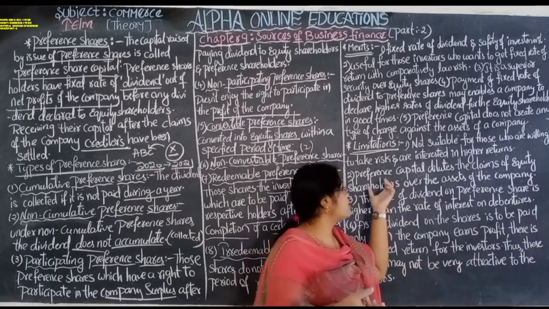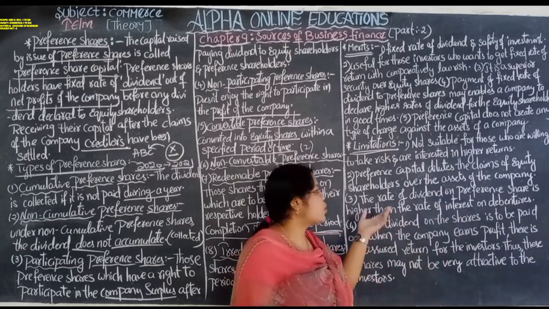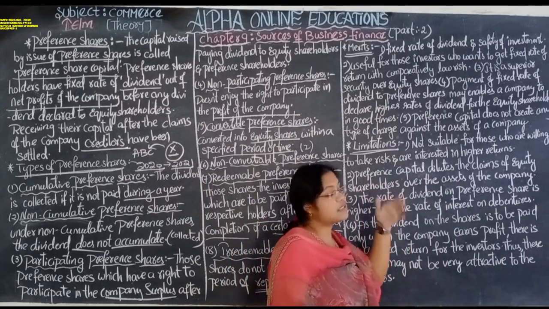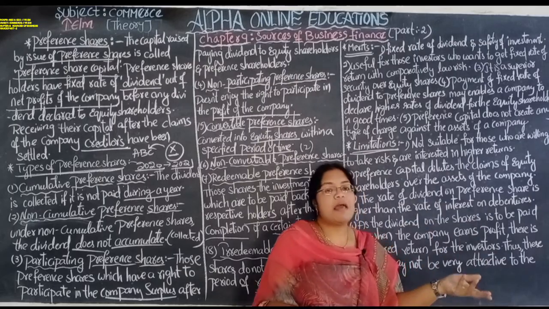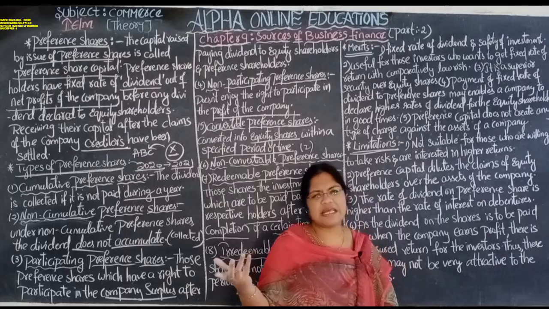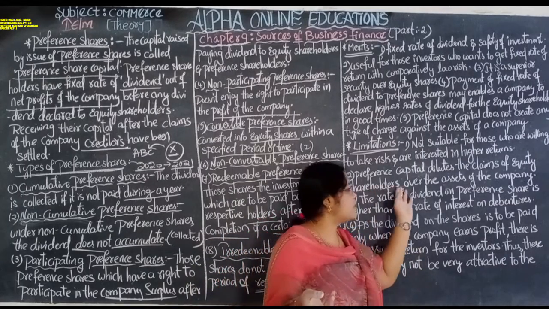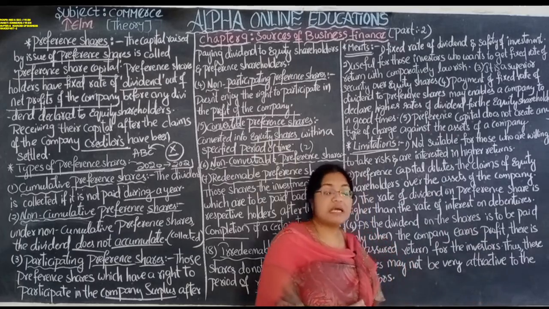So when the preference capital is brought, the company will purchase more assets, so that the equity shareholders can claim more over the assets of the company. When they are selling some very old assets, the equity shareholders will get more amount from those assets.